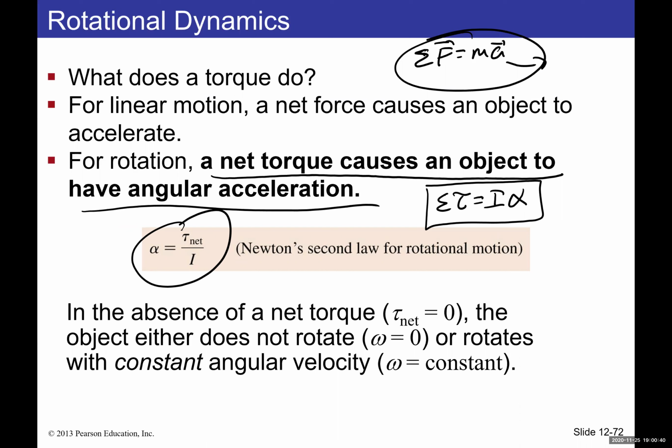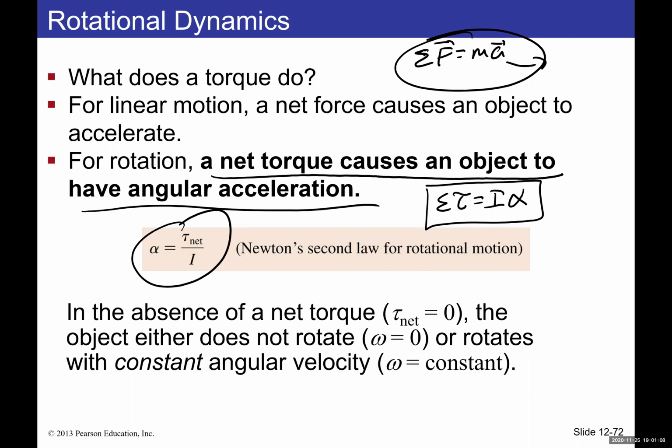All right. So that means if there's a non-zero net torque acting on an object with moment of inertia I, there's going to be angular acceleration. Angular acceleration means the object is going to start speeding up, slowing down, spinning faster, spinning slower, and things like that. In the absence of net torque, when the net torque is zero, the object either doesn't rotate, which is static equilibrium, or rotates with constant angular velocity, which is dynamic equilibrium.